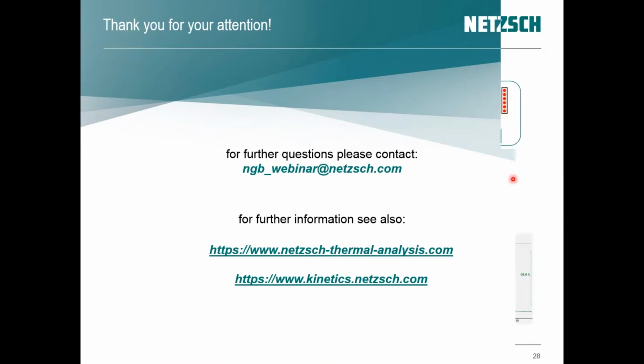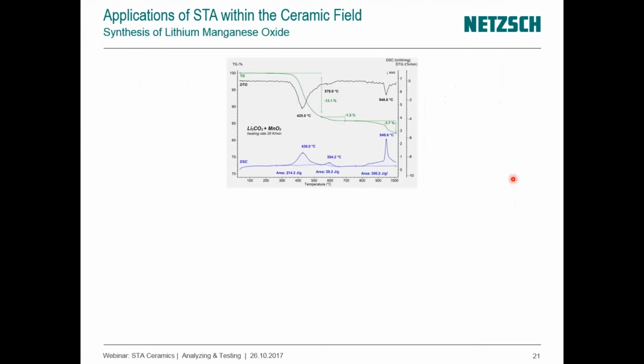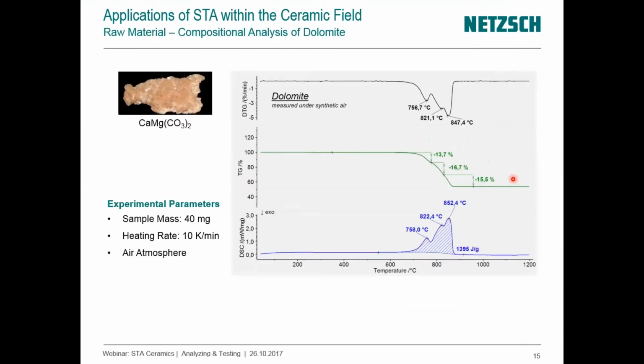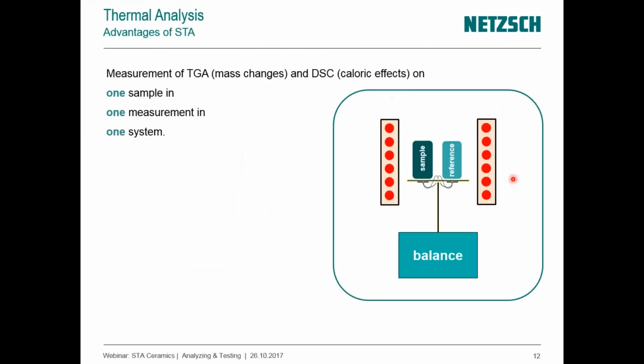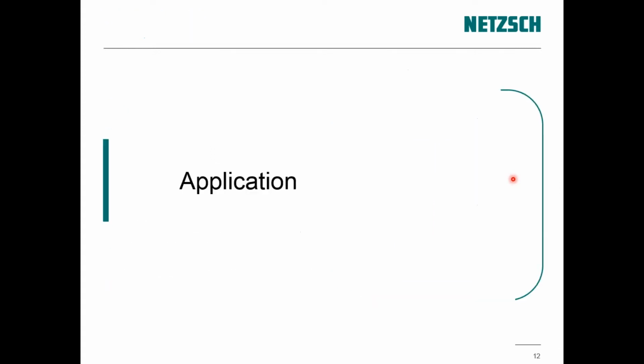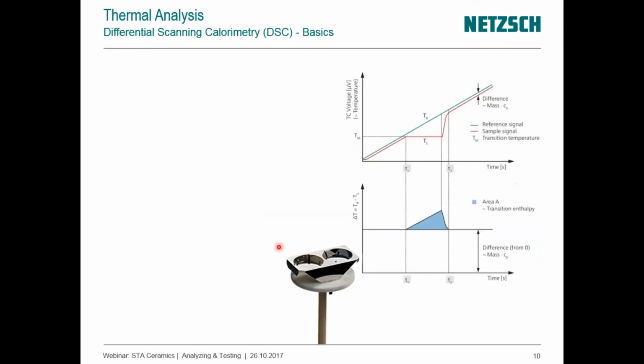So if we have a plate-like sensor with a good thermal contact, we have here DSC. So DSC from the standard has two types of techniques. One is power compensating, where you have separate furnaces for each type of technique, which is not really possible with STA, and the so-called heat flux technique.